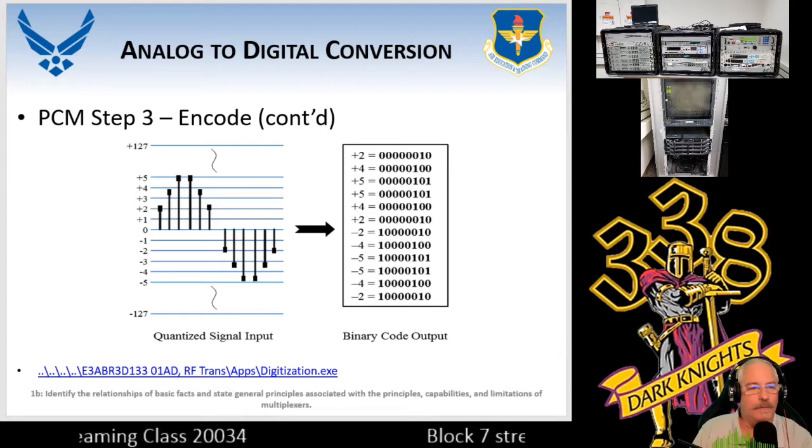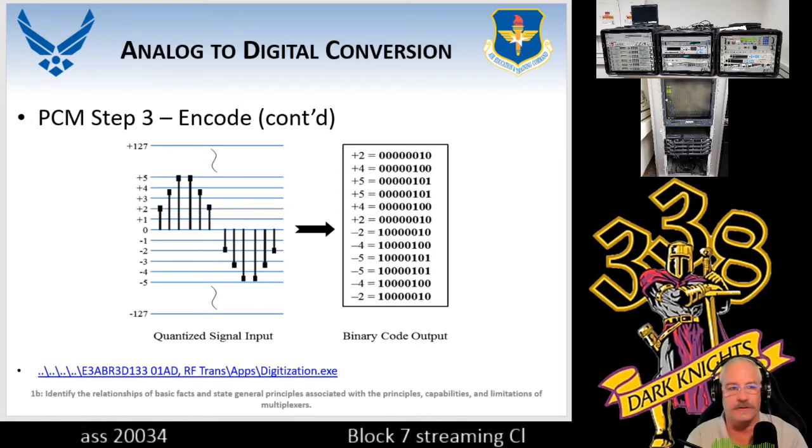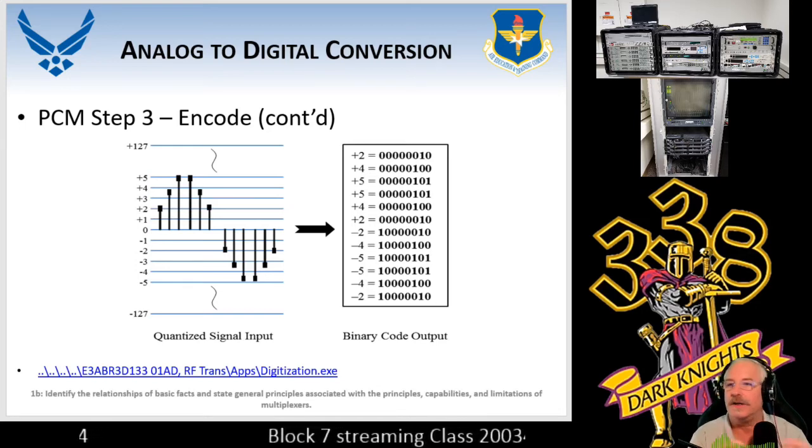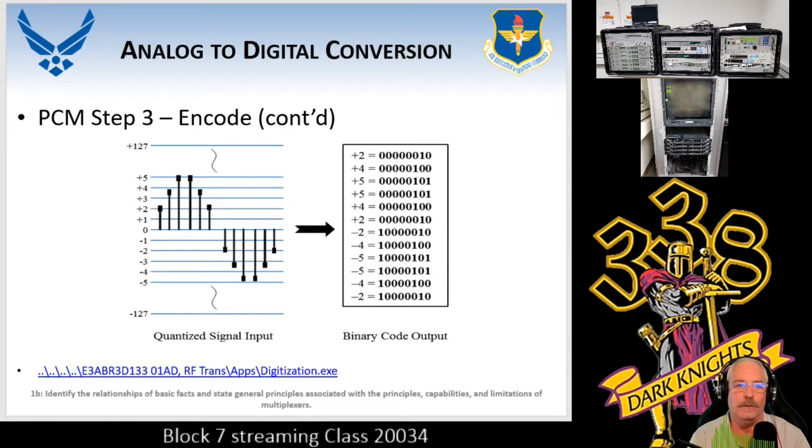How they came up with that and decided we need to go this route, your guess is as good as mine. I haven't found any information as to why. But it's the engineers that put this together that made the most sense. So here is your 8-bit word on how to encode the pulses that we put on the quantization tables.